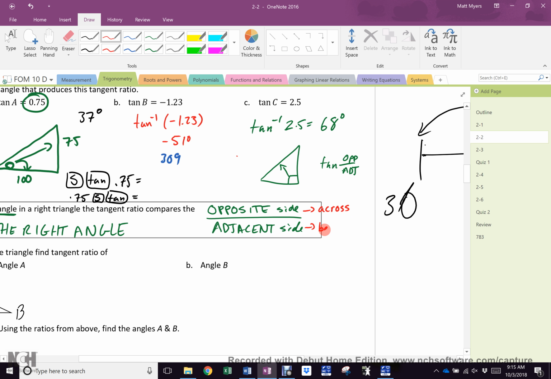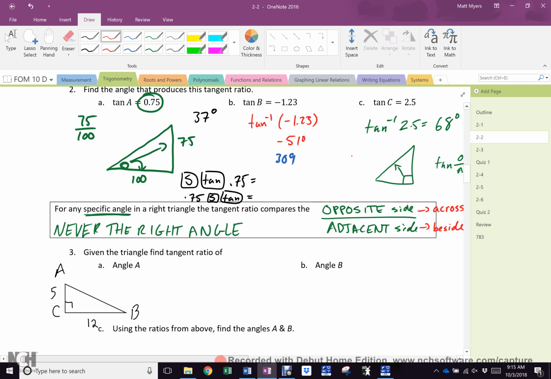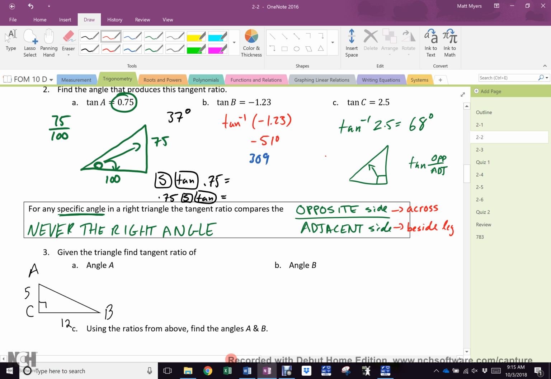Beside, but the leg or the hypotenuse? The beside leg. If you say the opposite of no, that's yes. That's not across. Ariana, in geometry, opposite means across. Okay? All right.